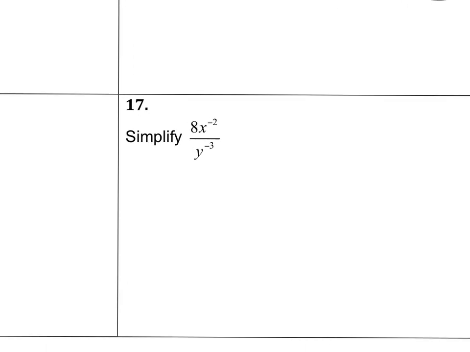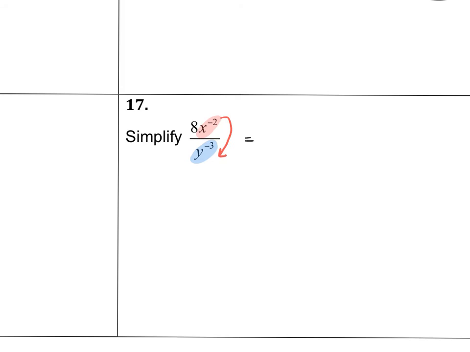Last one. I've got two negative exponents here. So I've got x to the negative second as one, and then y to the negative third as the other. In order to make that x to the negative second positive, I've got to bring it to the denominator and change the sign. So let's do that. 8 isn't hurting anybody.